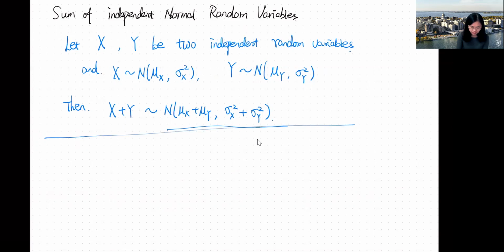Notice that a similar conclusion is not true for other distributions that are not normal. Similar results may not hold for other distributions.